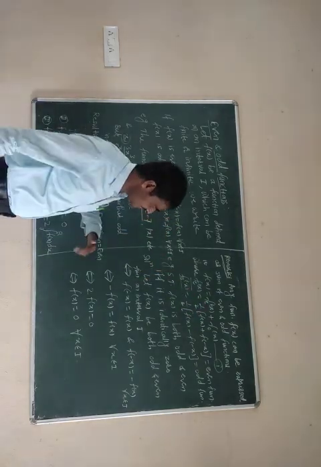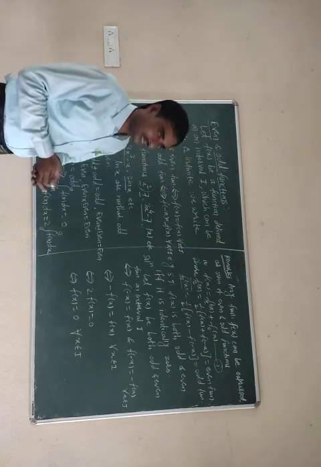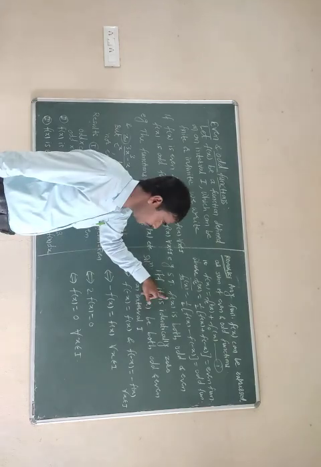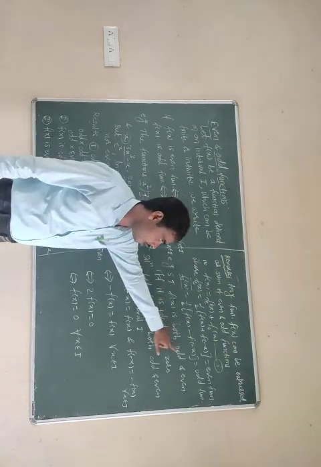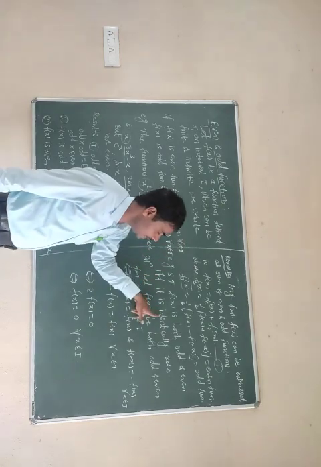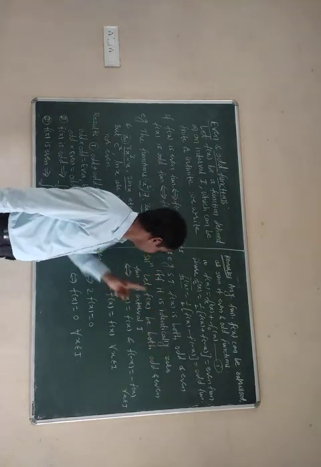Now we will see an example on odd and even functions. For example, show that f of x is both odd and even if and only if it is identically 0.